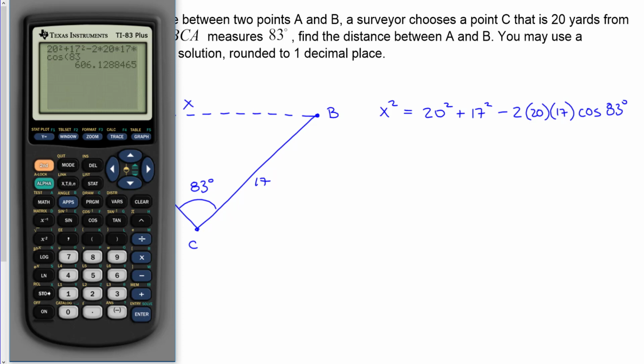And looks like I get 606.1, but that's equal to x squared. So if I take the square root of that answer, I get 24.6. So x is approximately 24.6, and we're measuring in yards here.